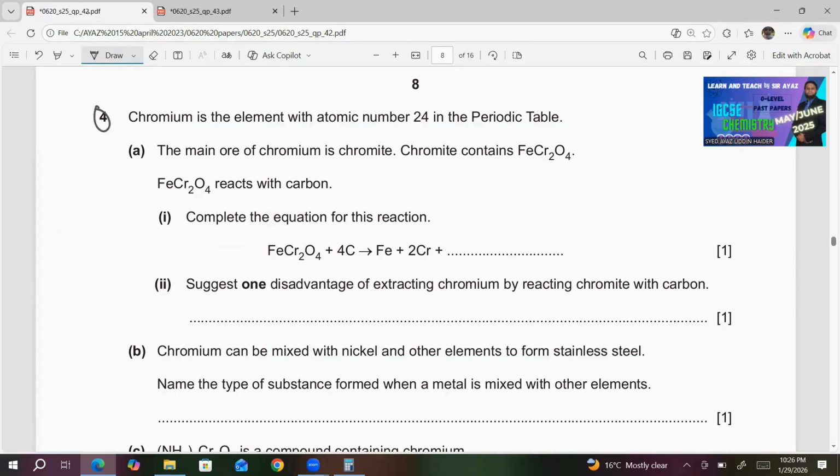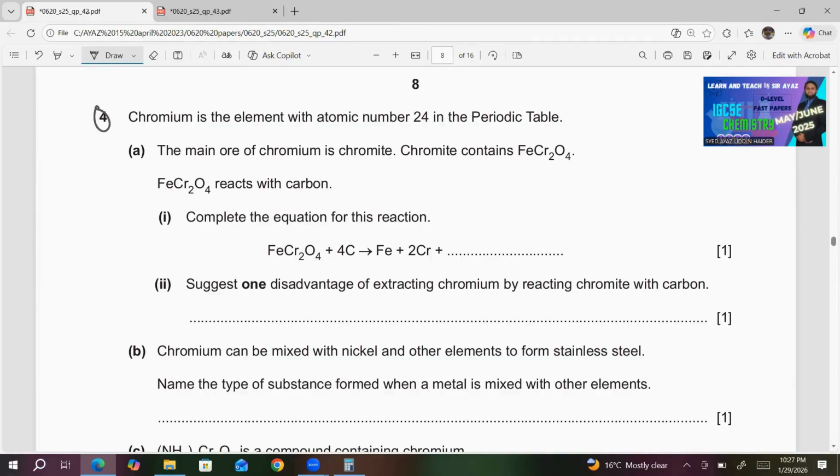Question number 4. Chromium is the element with atomic number 24 in the periodic table. The main ore of chromium is chromite. Chromite contains FeCr2O4. FeCr2O4 reacts with carbon. Complete the equation for this reaction. Here's the reaction.